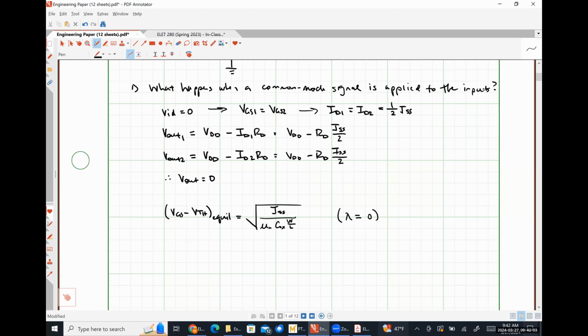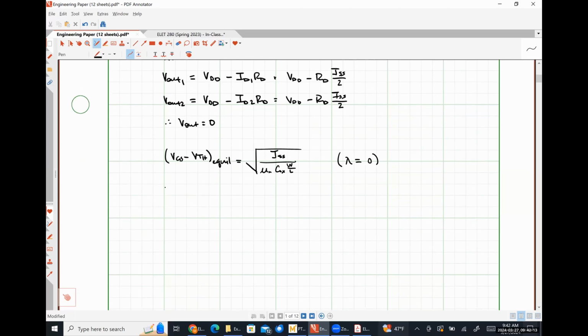Okay? So in order for us to ensure that M1 and M2 operate in saturation, so let me write that down. There is a constraint on the size of the voltage that we are allowed to apply as a common mode signal.